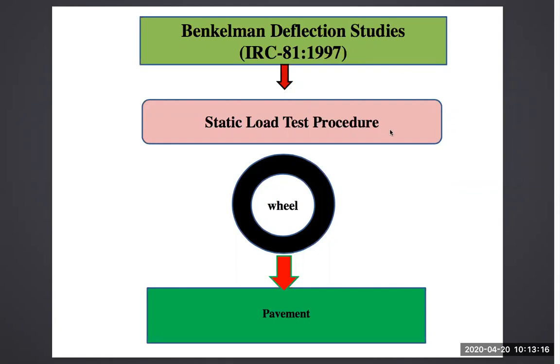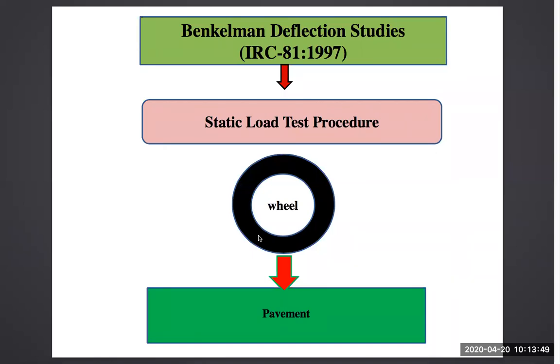It is a static load testing procedure, wherein we apply a static load onto the pavement. Static load is the stagnant load applied on the pavement, and we study the deflection characteristic of that pavement. Whenever you apply a load onto the pavement and it deflects, and you remove that load, it regains back.